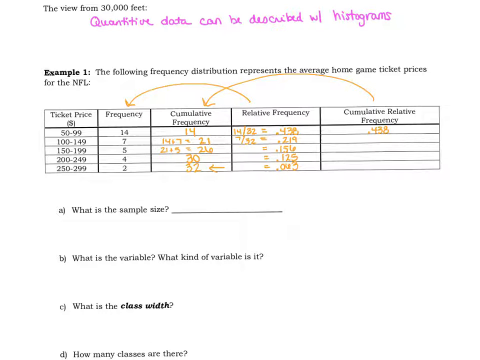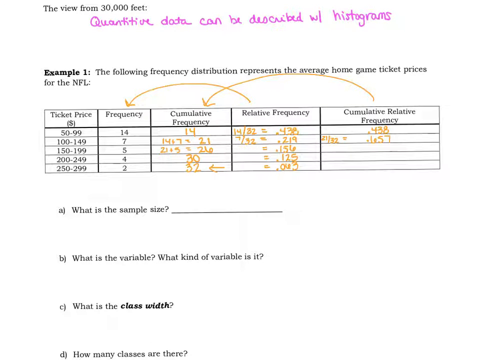For the next one, we take 21 out of 32, using those cumulative frequencies, 0.657. That means, for example, 65.7% of all teams have an average ticket price under $150.